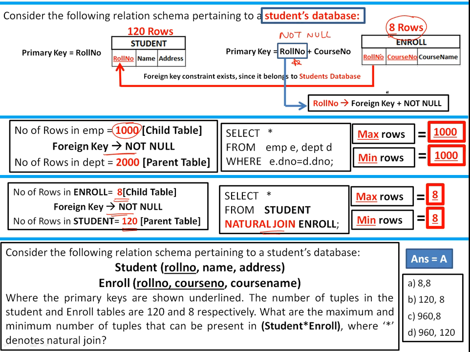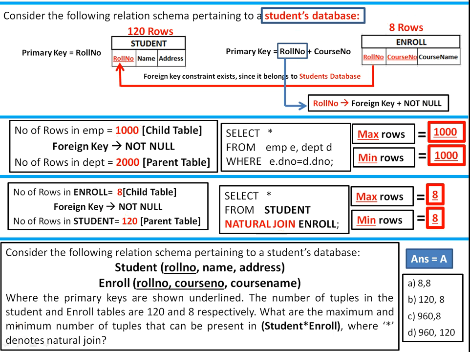So this foreign key won't take null values because it is a part of the primary key, and on top of it, it is a foreign key. So all 8 students will be selected. Indirectly what they said is: in total I have 120 students and only 8 students enrolled in the course. So when you join, you will get all 8 students. Clear, guys? Now, please go to the question.